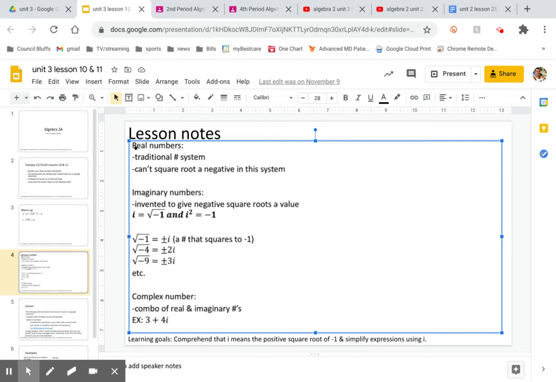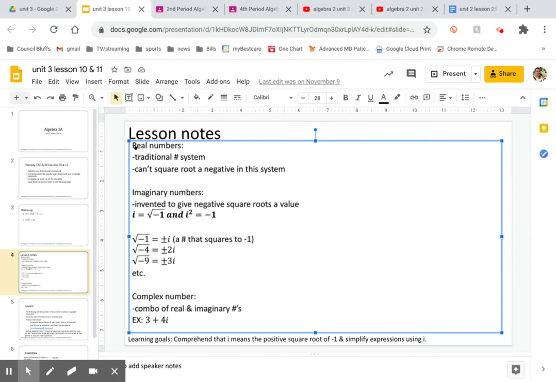The square root of -4: if it were the square root of +4, we would say that the answer is plus and minus 2. But in the imaginary number system, the square root of -4 is plus and minus 2i. Same thing with the square root of -9. If it were the square root of 9, the answer would be positive and negative 3. In the imaginary number system, the square root of -9 is positive and negative 3i.